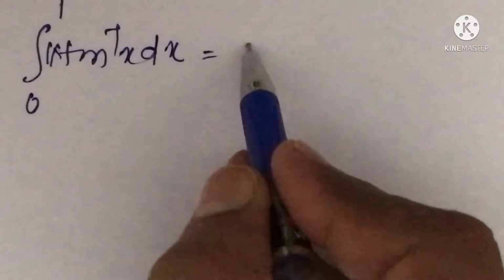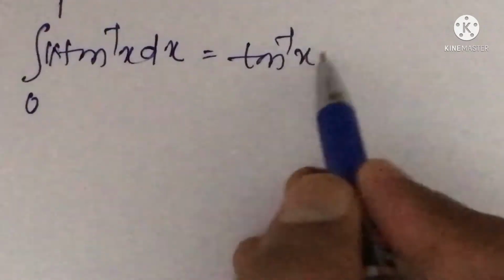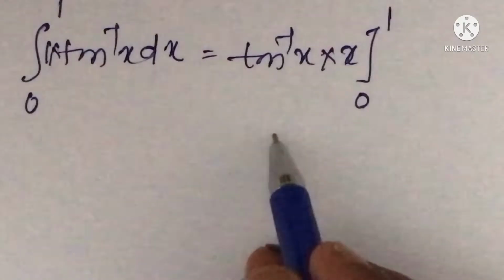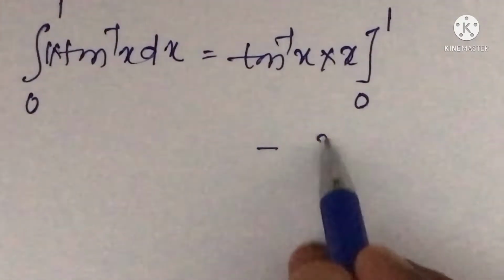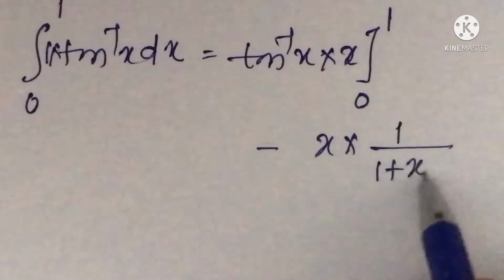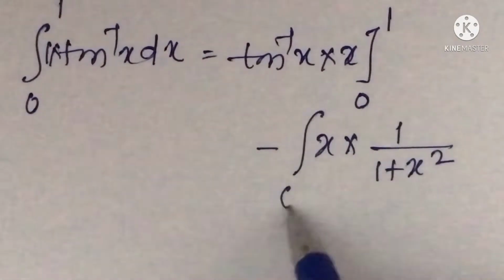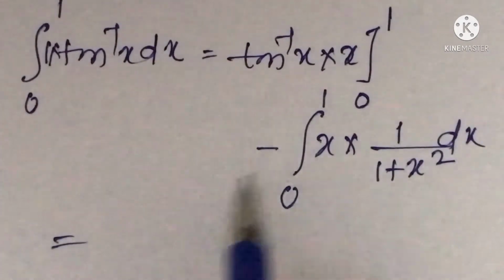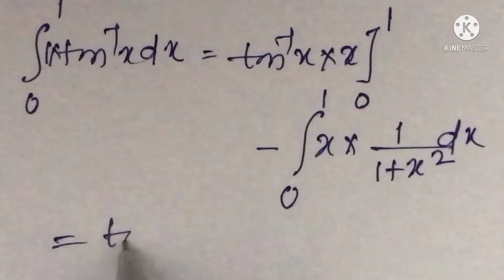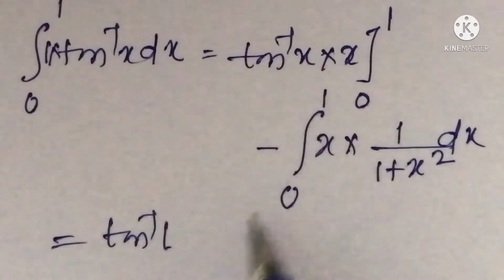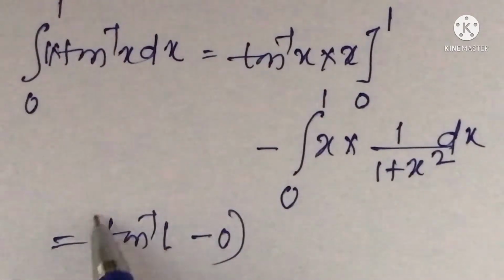This is equal to tan inverse x into integration of 1 is x from 0 to 1, minus x into derivative of tan inverse x, which is 1 by 1 plus x square, and its integration from 0 to 1. If we take x is equal to 1, then this is tan inverse 1. If we take x is equal to 0, then this is equal to 0.